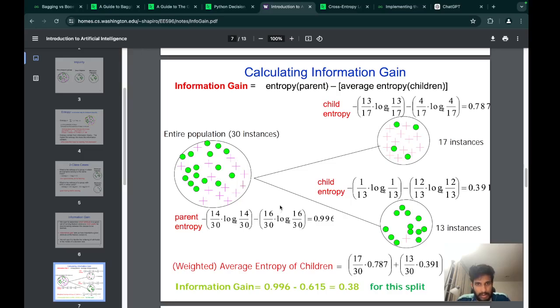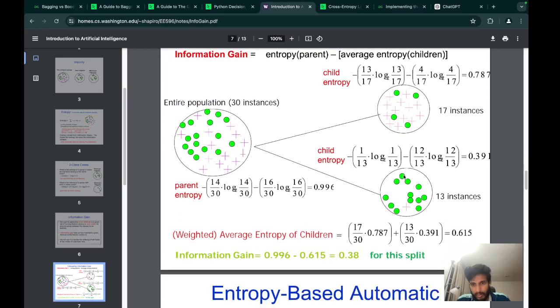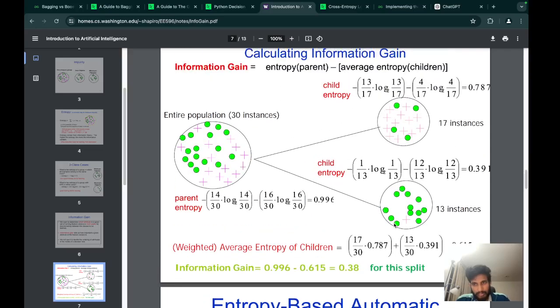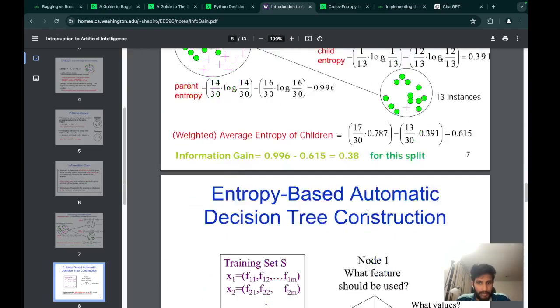We just have two classes. Why are we doing this? Okay, we split it in this way. Let's say you split it in a certain way.